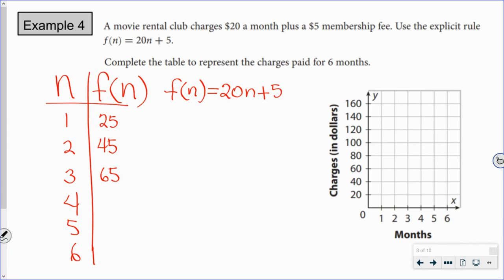And that makes sense because they charge $20 a month. 20 times 4 is 80 plus 5, 85. 20 times 5 is 100 plus 5, 105. 20 times 6 is 120 plus 5. So the last one's 125.